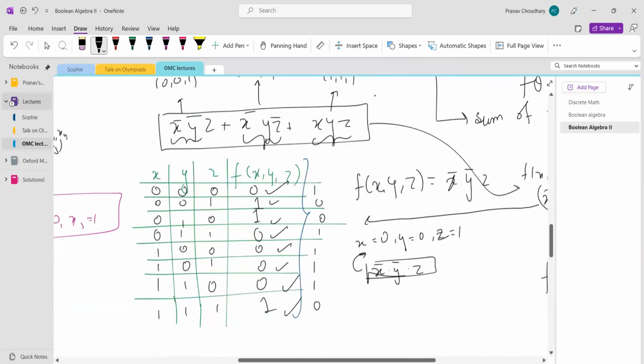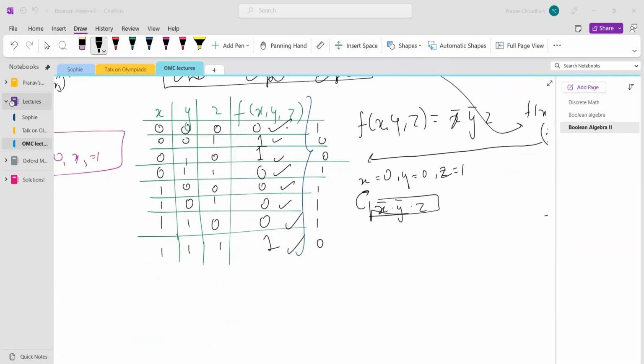When we were considering disjunctive normal form, we were basically looking at the ones in the function. Wherever there's a one, we consider that. But in conjunctive normal form, we have sums of literals. So we have something like, let's say, x plus y conjugate plus z. What can we say about this? This is 0 if and only if x equals 0, y conjugate equals 0 and z equals 0, which means x is 0 and y is 1.